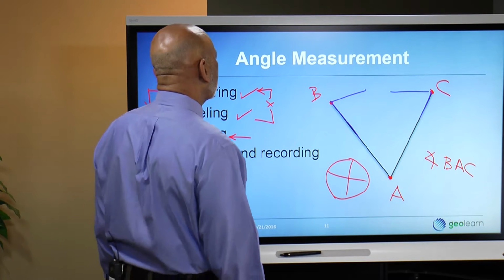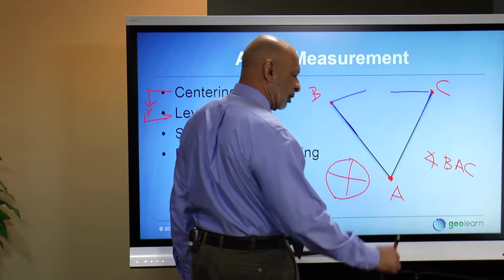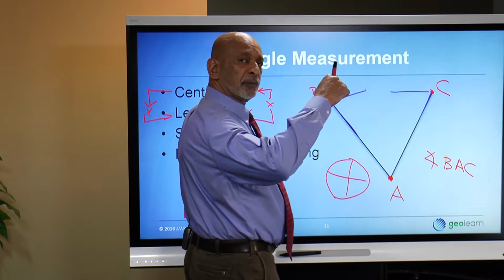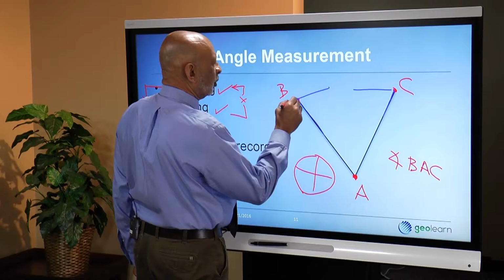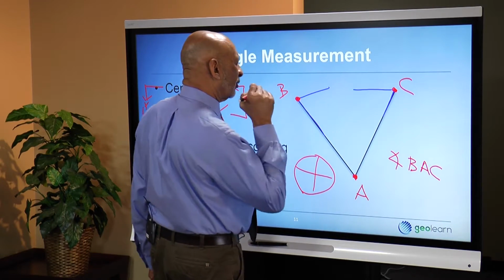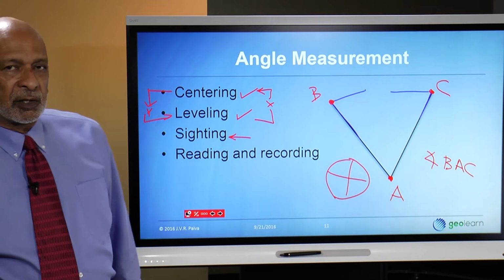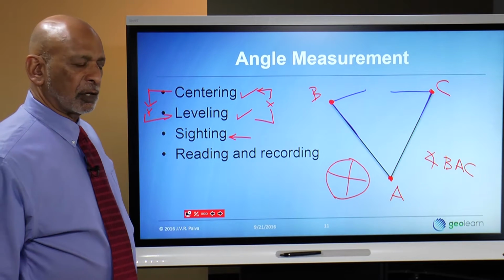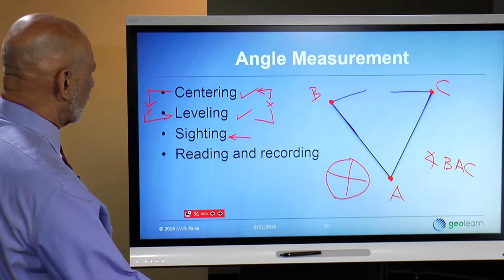Now keep in mind, just like this point here is on the ground and you have to extend vertically to the instrument, these points are probably on the ground as well, B and C. So you somehow have to extend them up vertically, opposite to the direction of gravity, so that you can properly measure the horizontal angle.